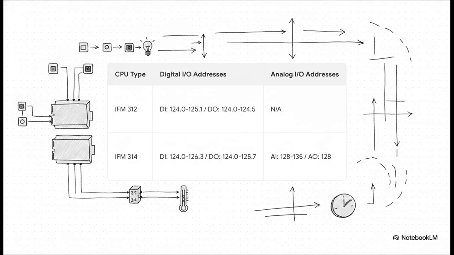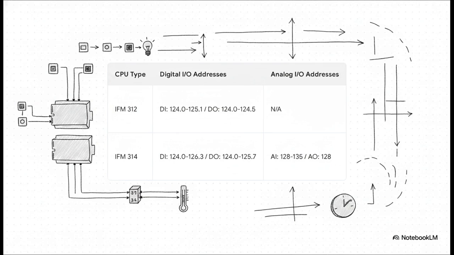For the CPU IFM 312, its 10 digital inputs are hard-coded right to addresses 124.0 to 125.1, and its 6 outputs sit at 124.0 to 124.5. Now, if you step up to the slightly beefier CPU IFM 314, you get a larger array. You're looking at 20 digital inputs spanning 124.0 to 126.3 and 16 outputs going up to 125.7.